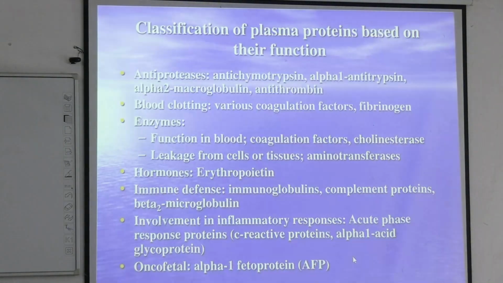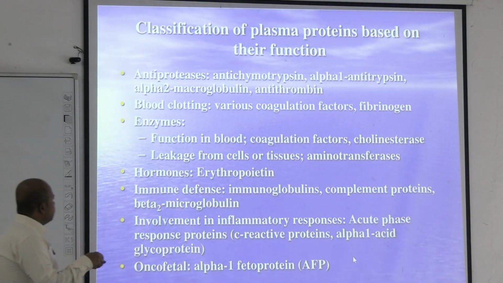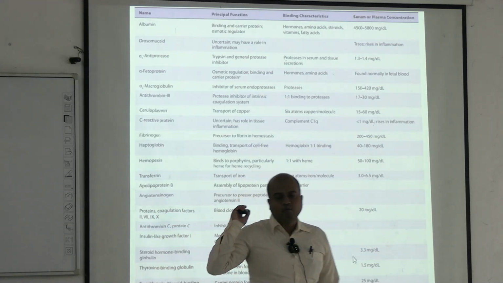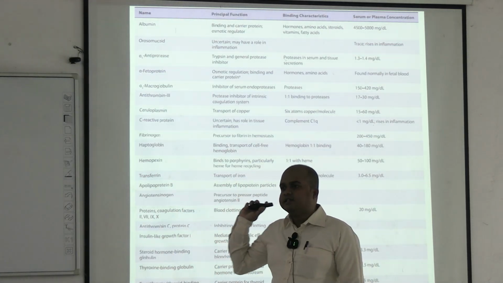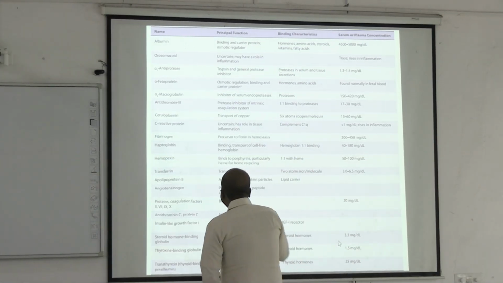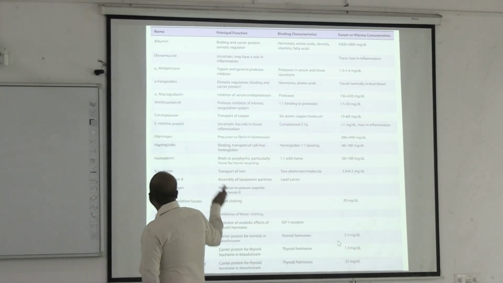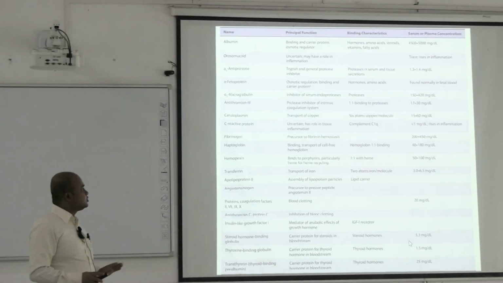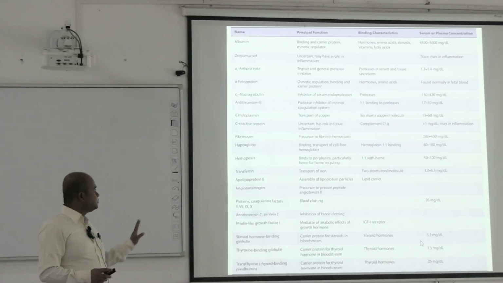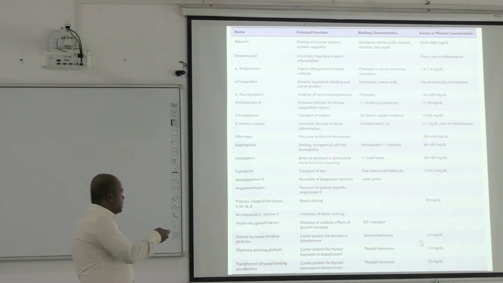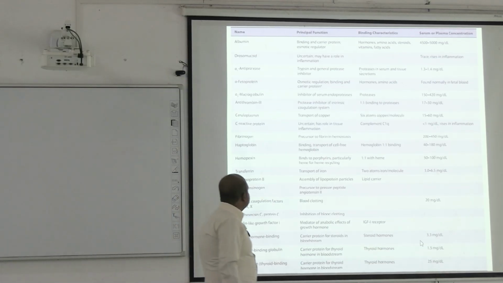Leave all this; this is a classification of plasma proteins, not very extensive but a quite large list. You don't need the large list, just that different plasma proteins have different functions in various systems in the body. Haptoglobin binds and carries hemoglobin.